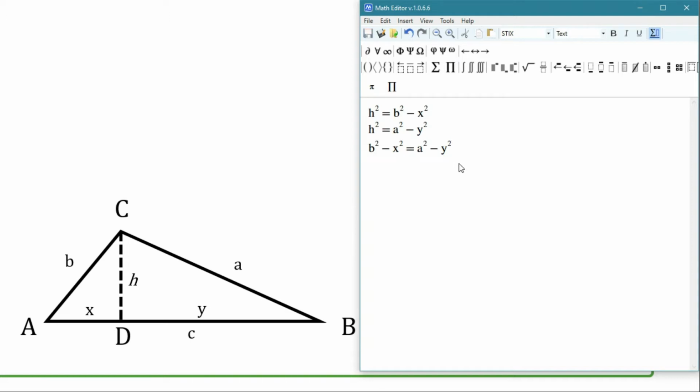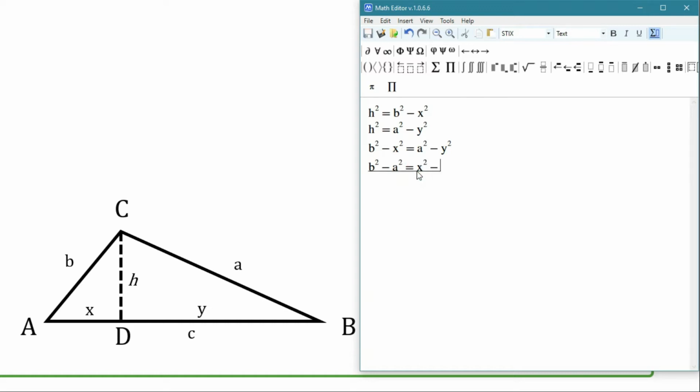Similarly, we can manipulate this equation. We have B square minus A square equals X square minus Y square. We just transposed A square to the other side of the equation, making it negative, and X square to the other side, making it positive.